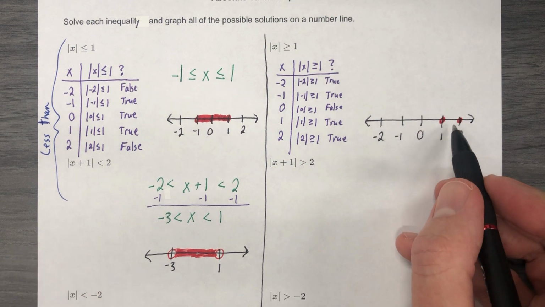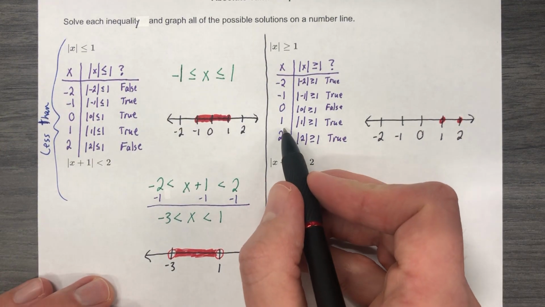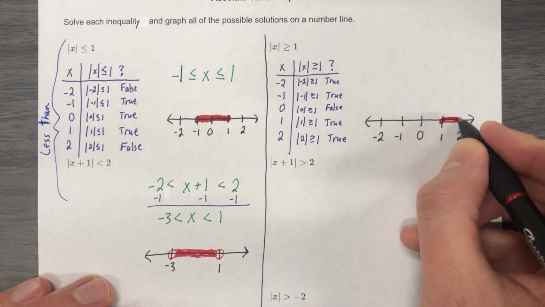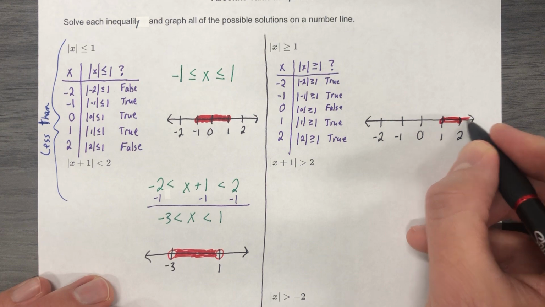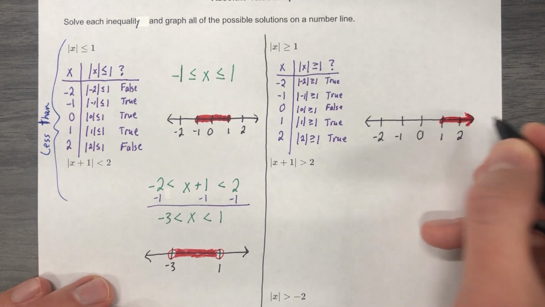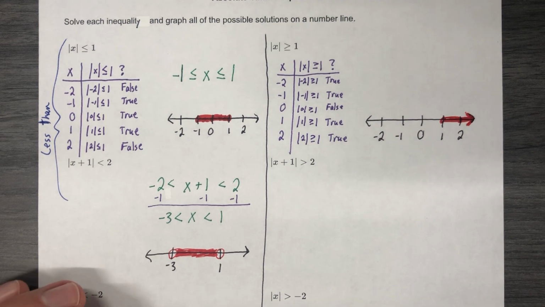And if you wanted to expound on this, 1.5 is here, 1.5 is greater than 1, so yeah, there we go. And then 3 is greater than 1, 4 is greater than 1, infinity is greater than 1, so this goes forever to the right.